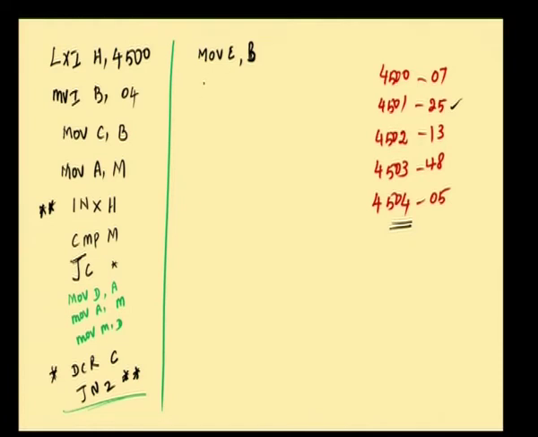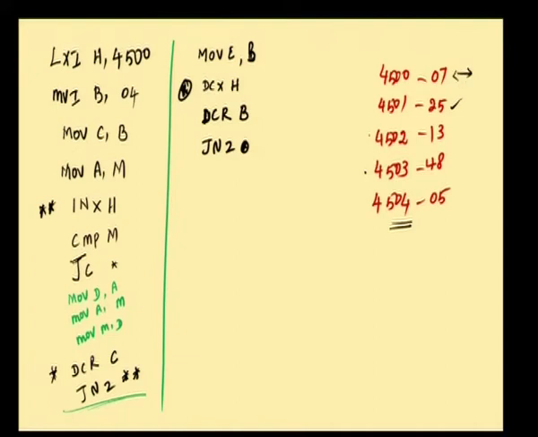Now, use DCX H, okay. DCX H, DCR B, then JNZ to here, right. So, I am just decreasing from 4 to 3, 3 to 2, 2 to 1, 1 to 0. So, now I reach the location 4500.